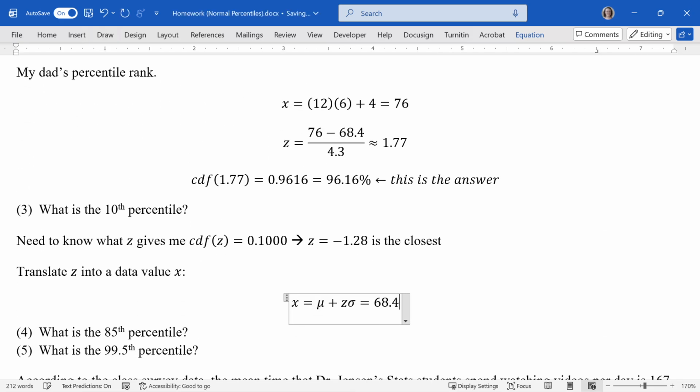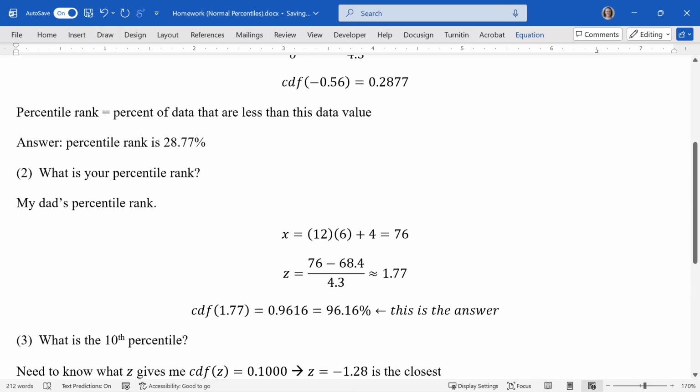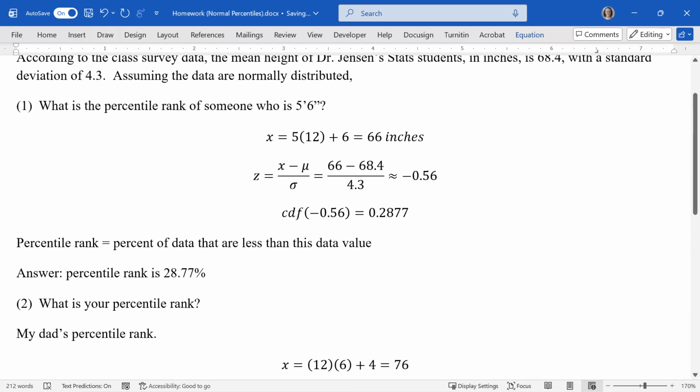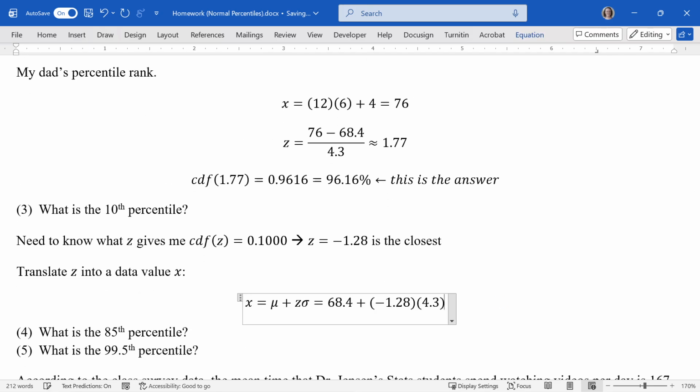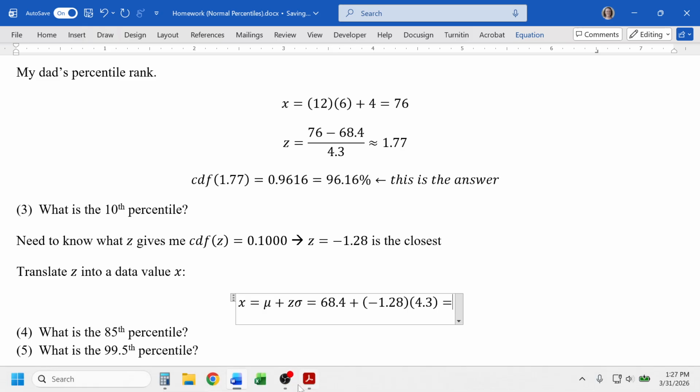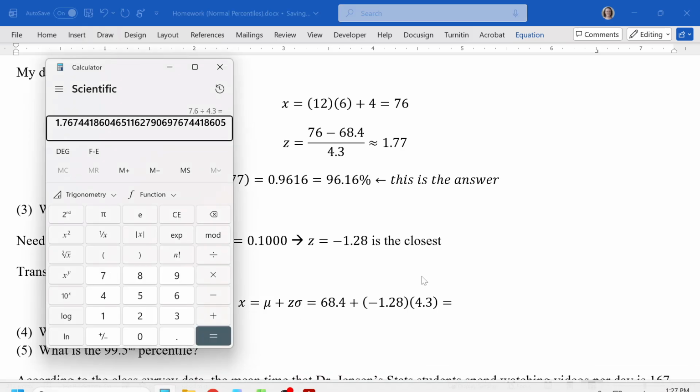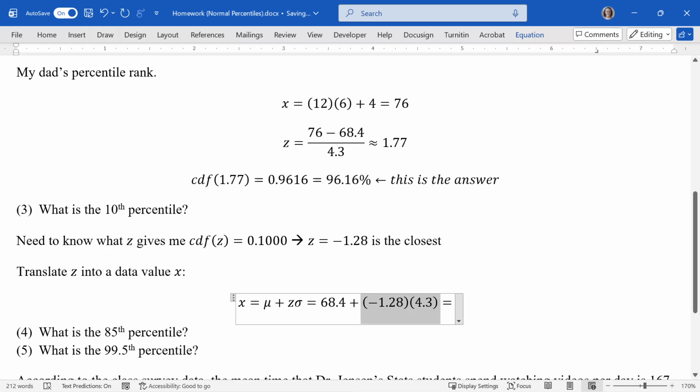All right, 68.4 was the mean. Our z value that we just found was negative 1.28, and sigma was, I already forgot, 4.3. So we just put that in a calculator. Be a little careful with the order of operations: multiplication should be first, and if you type it from left to right, you might get the wrong order.